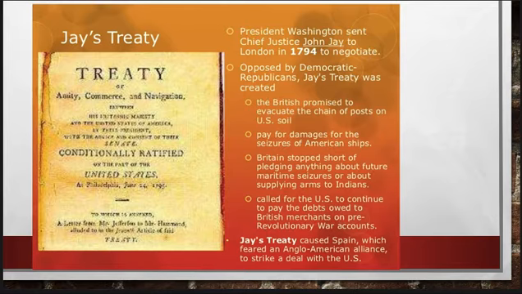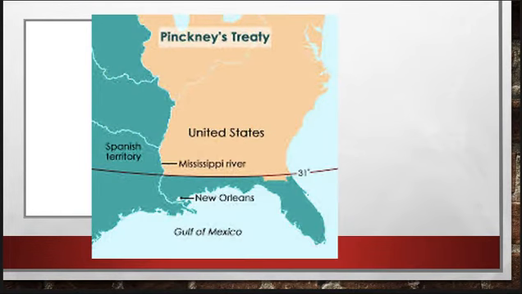And the deal that they make very soon after Jay's Treaty is called Pinckney's Treaty. And that was very soon after, in 1795.